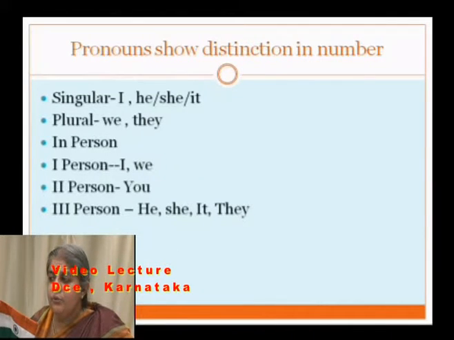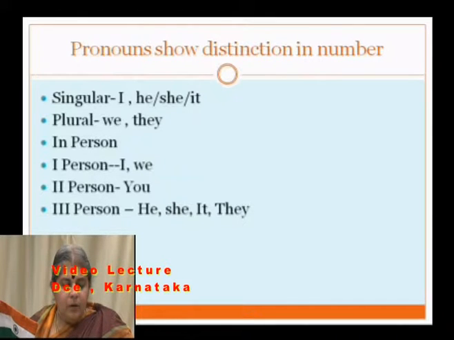Pronouns also show the distinction in number. There are certain pronouns for singular form and certain pronouns for plural form. In singular form, I said the pronouns were I, he, she, it. In plural form, the pronouns are we and they.